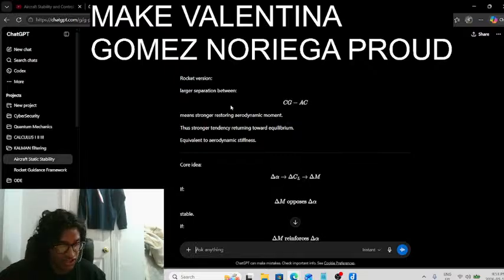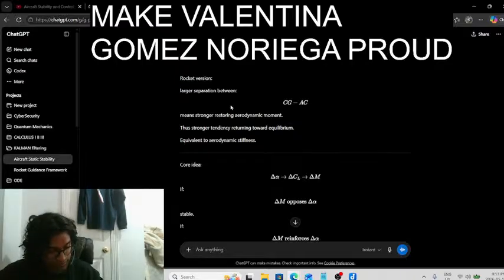So if CG minus AC, if CG is greater than AC, then it's going to pitch upwards. Okay. So if CG minus AC is greater than 0, then stronger aerodynamic moment.